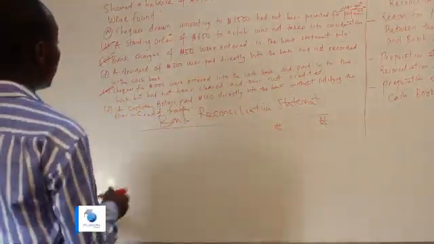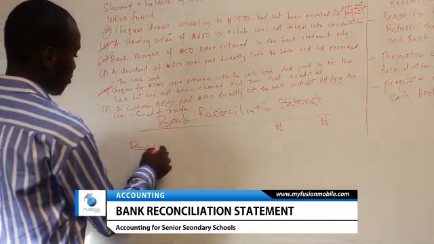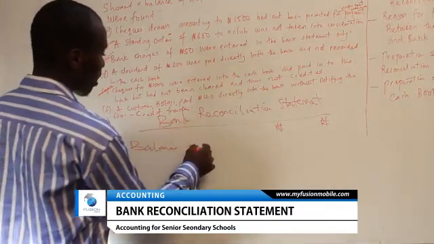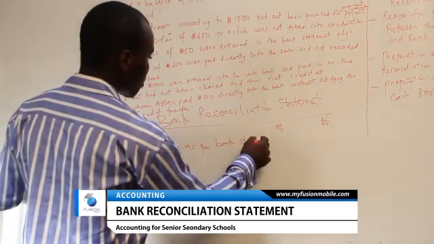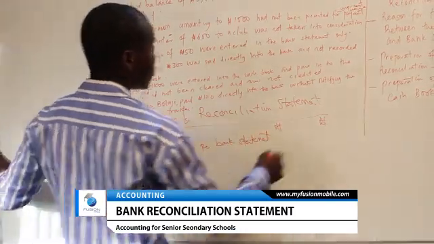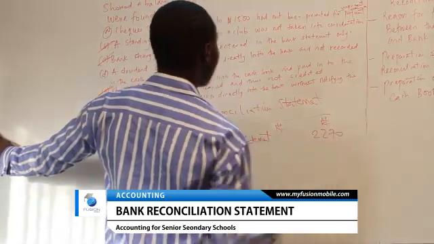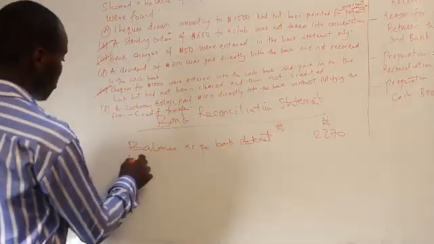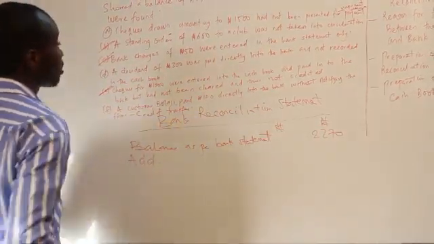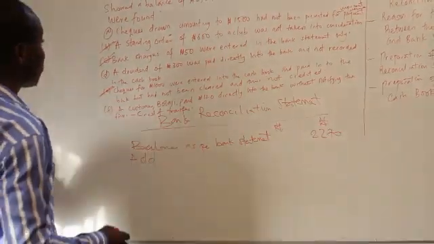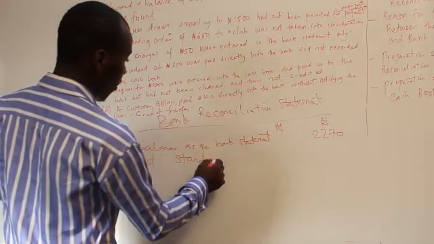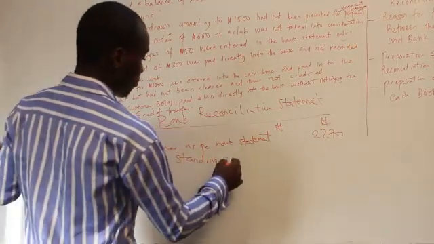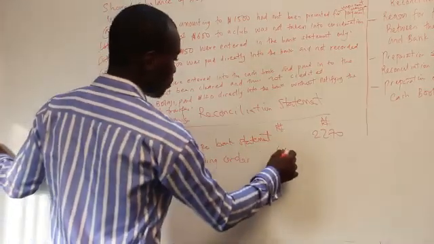So in this we have balance as per bank statement. So we have 2,270. So we are going to add those deductions to the cash book. What are the deductions? We have the standing order. We are going to add the standing order, which is 600.